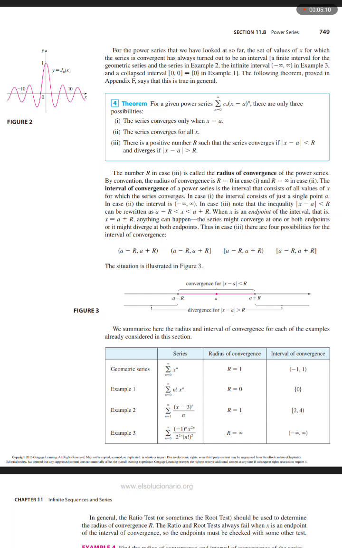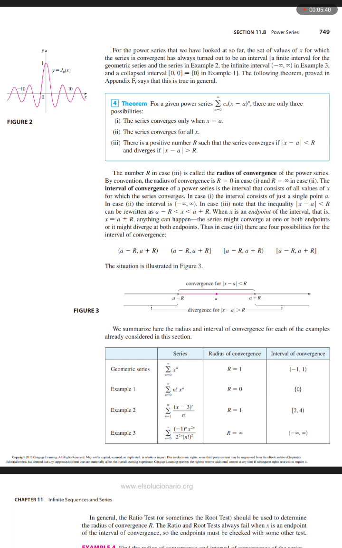Number 3, there is a positive number R such that the series converges if the absolute value of x minus a is less than R, and diverges if the absolute value of x minus a is greater than R. The number R in case 3 is called the radius of convergence of the power series.